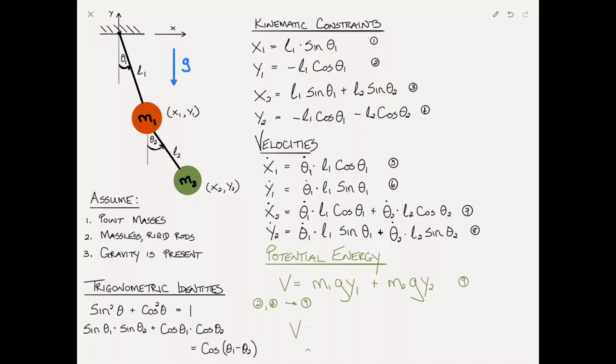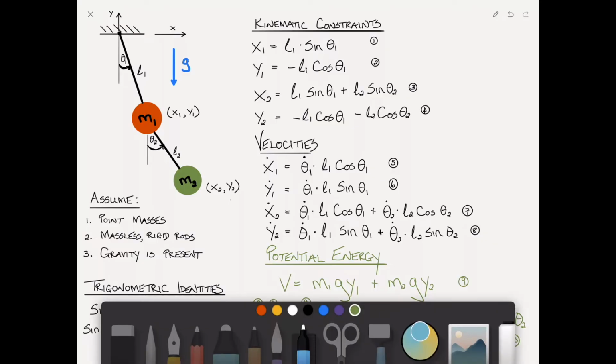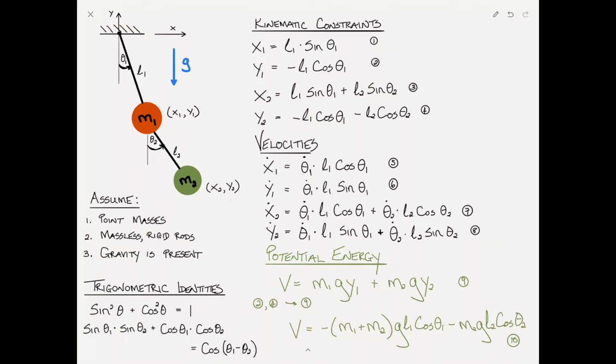I think I want to group it as V equals minus (m1 plus m2) g L1 cosine of theta 1 minus m2 g L2 cosine of theta 2. And this is equation 10, and this is my expression for the potential energy. So let's put a red box around that because we'll come back to that a little bit later.